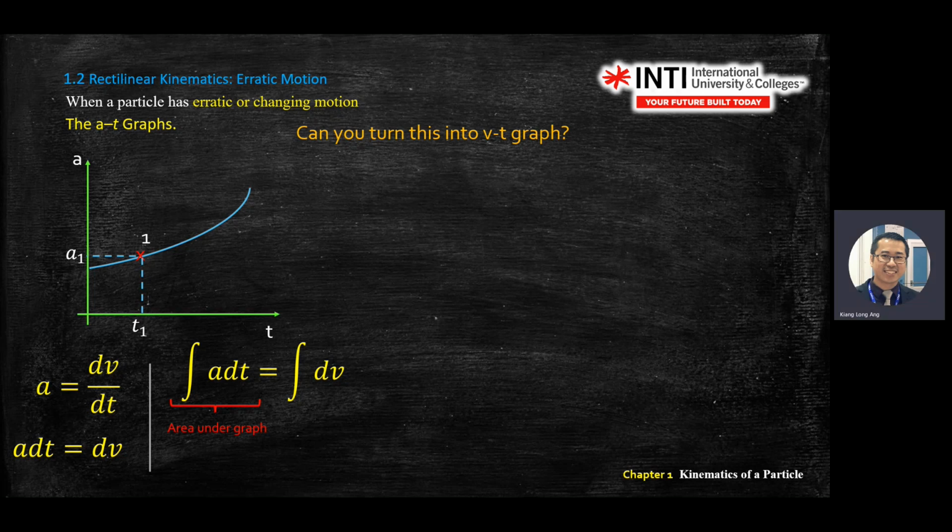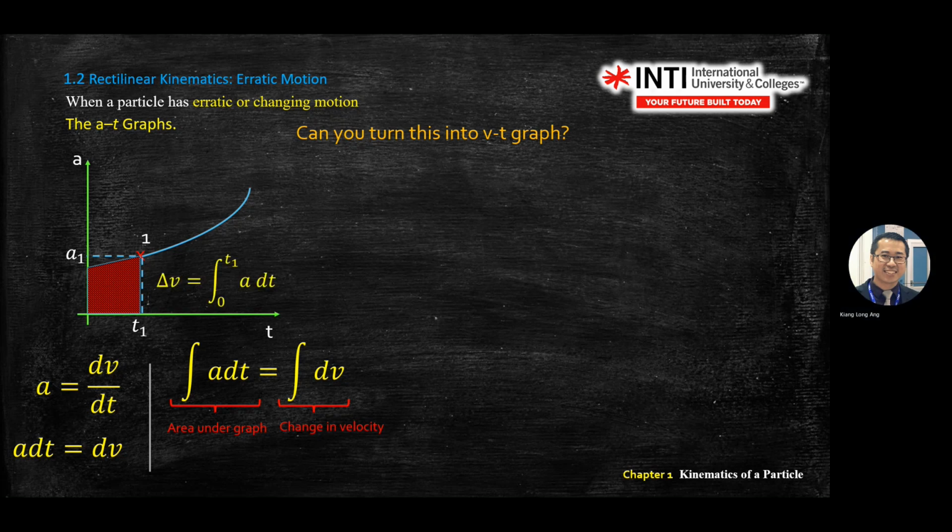This area is V. So you find the area under the graph, and you transform it to a V point. Understand? The red color highlight is the change of velocity, V1, V2. So from 0 to t1 equals this one.